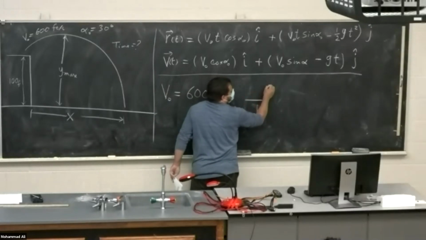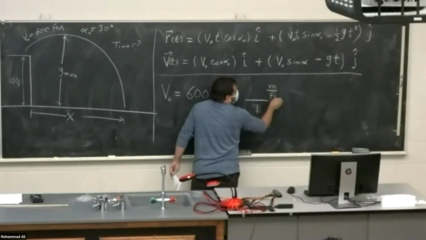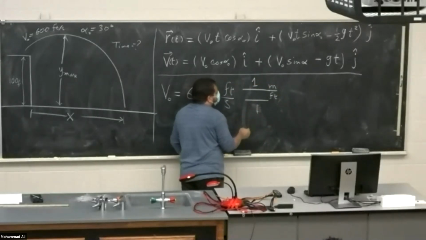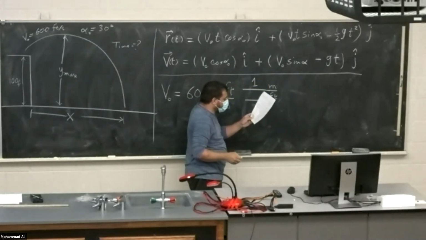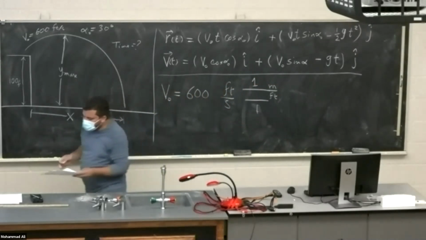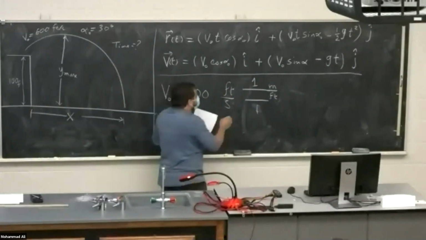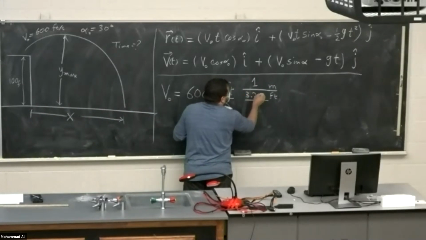For feet, I need to multiply by meter over feet to cancel feet with feet. Each 1 meter is equal to 3.28 feet.